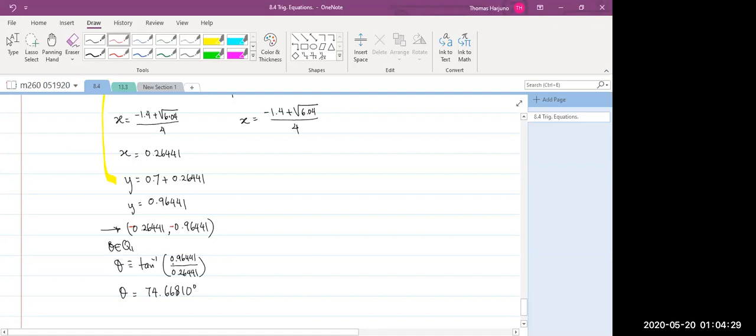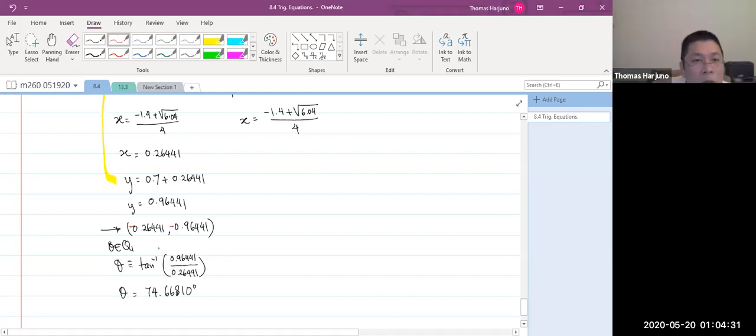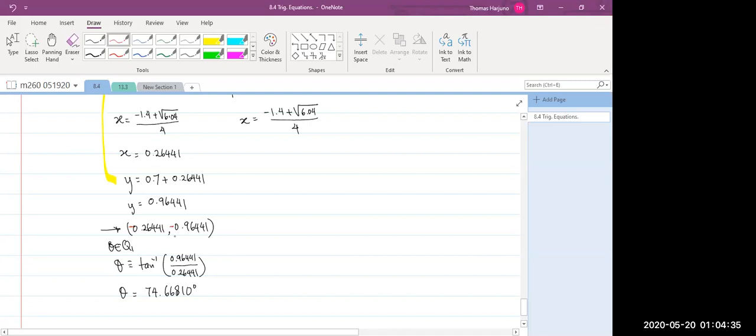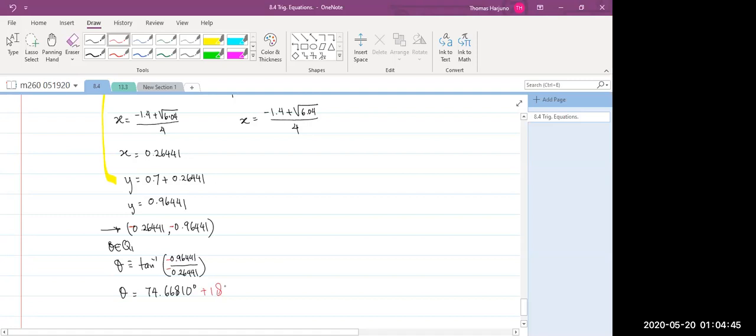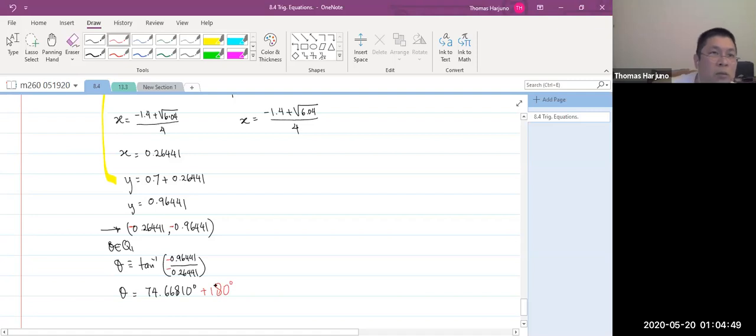And tangent inverse will give you quadrant 1, while we know if we have negatives, it's supposed to be quadrant 3. So suppose I get this angle, I need to add 180 degrees. Basically, you do the adjustment later, but we get the angle first.